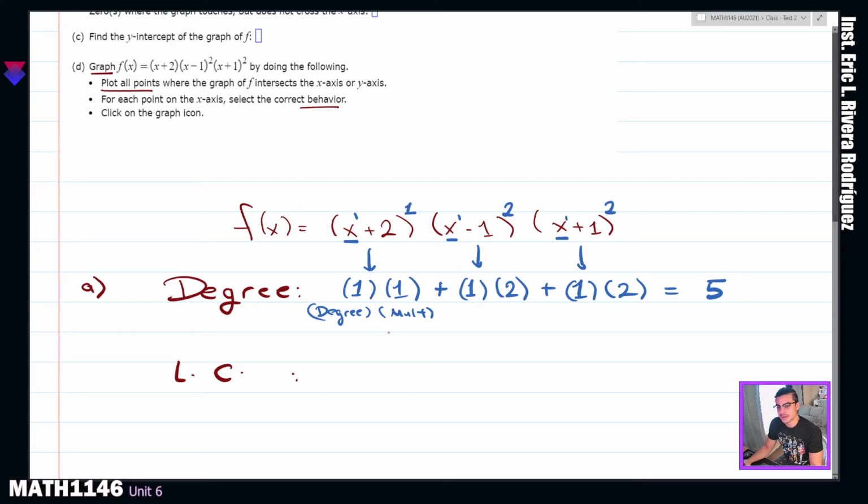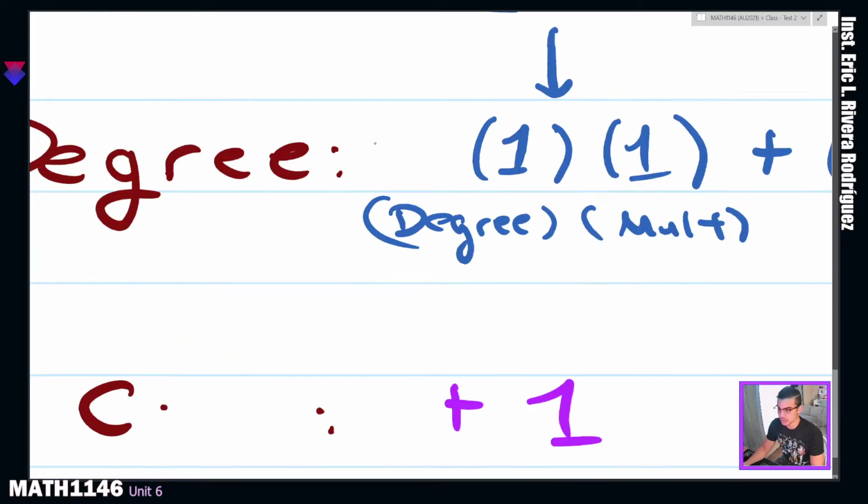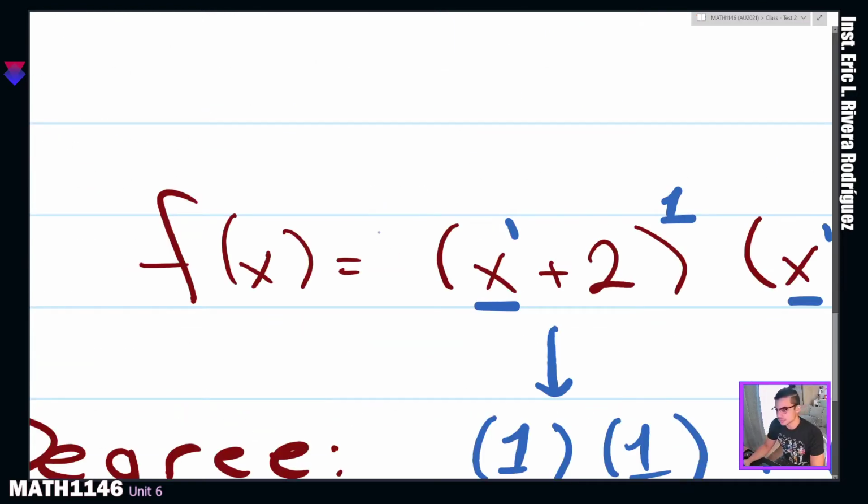What is the value of the leading coefficient? It's positive 1, right? How do we know that? When we have the factor form, this space here is the space where usually you are going to find the leading coefficient.